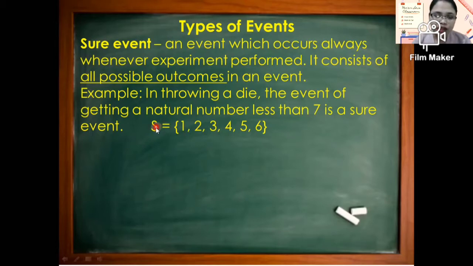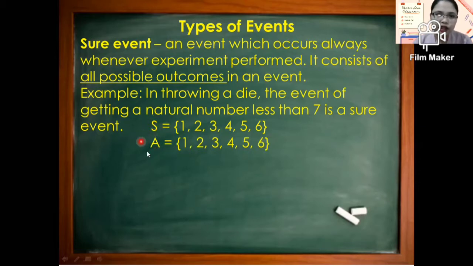Kaya kung kukunin natin sa sample space ng rolling a die, remember, ang sample space lagi ng rolling a die is 1, 2, 3, 4, 5, 6. At huwag kakalimutan, pag gumawa tayo ng sample space, ay ganyan po. Maglalagay tayo ng bracket. Kasi siyan po ay set. Kapag hinahanap po ay set, gagamitin po natin yung symbol na yan. So what is the sure event of that? So the sure event or event A, yung S po stands for sample space ha.